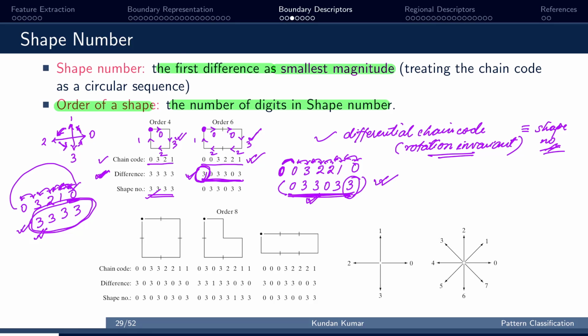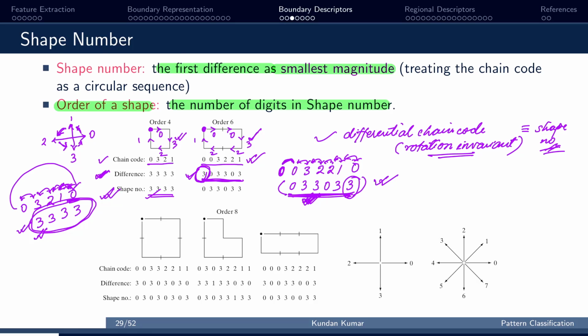From this differential chain code, we have to write the rotation invariant differential chain code. So what is the possible smallest number or largest number? So here in the shape number, we have to consider the smallest number possible that we can construct using these digits.